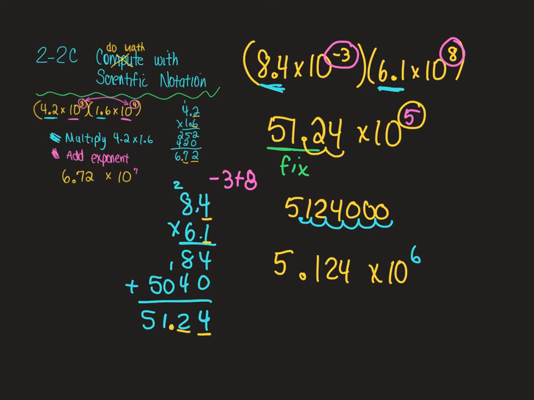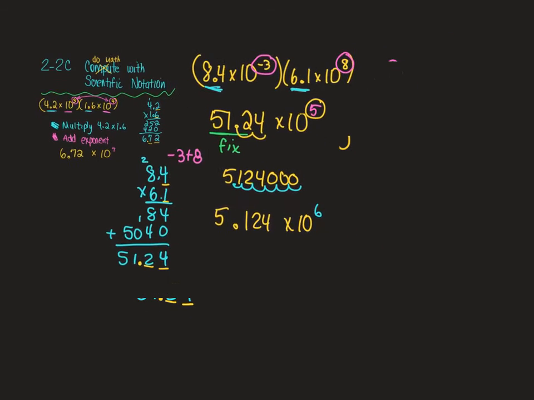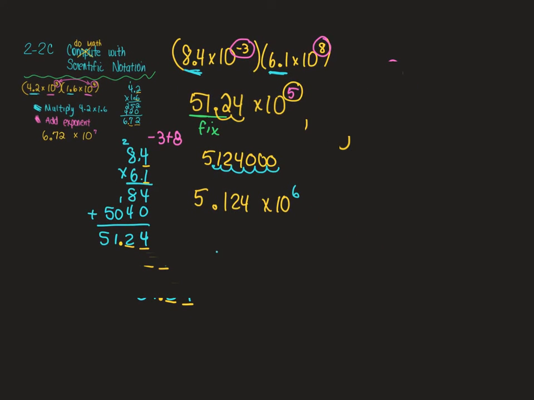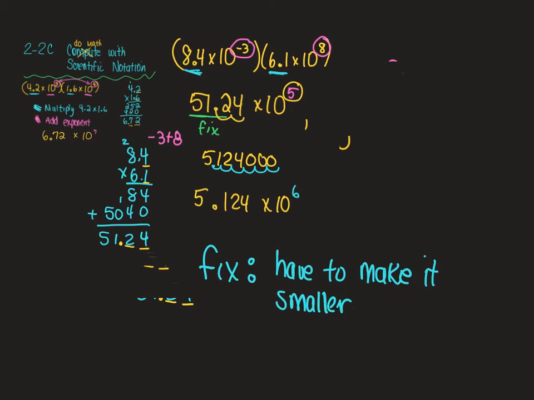So let's write a rule down in our notes. Anytime, so this is all about fixing. When you fix and you have to make it smaller, and what I mean by that is we were at 51.24. We had to make it to 5.124.